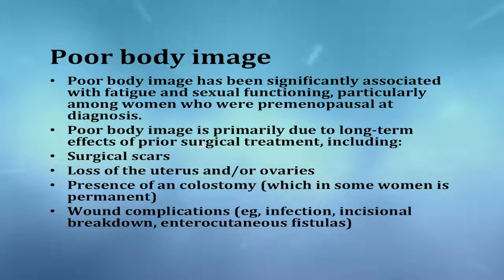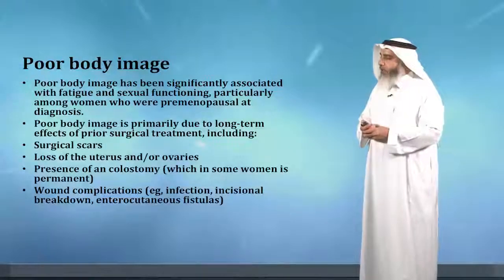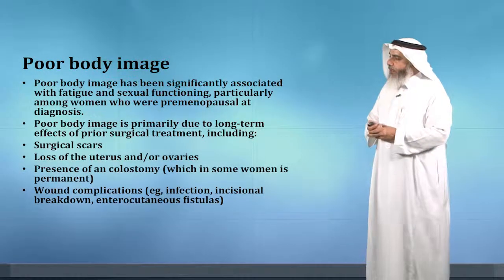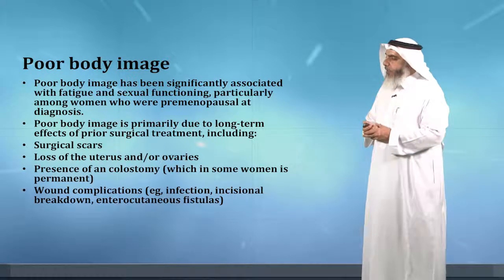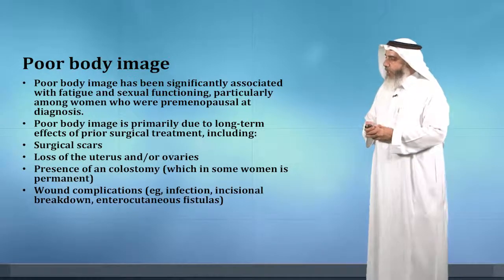So this poor body image will badly affect the sexual relation between the spouses, and it needs to be supported during the follow-up. Some patients will have colostomy and or cystostomy, and these patients will have difficulties and need to be supported by the caregiver.